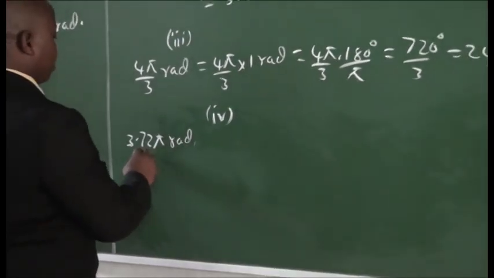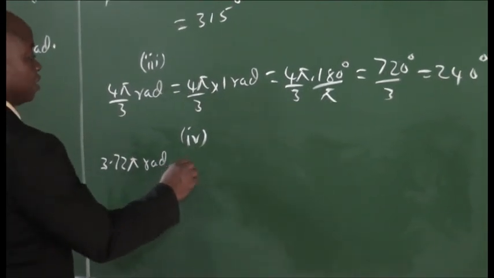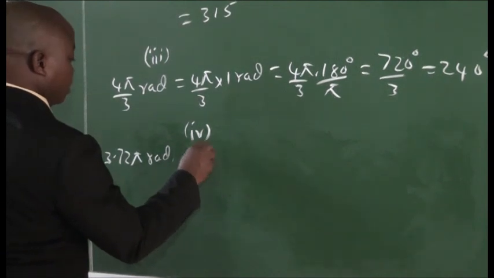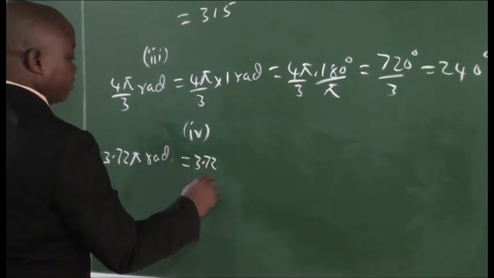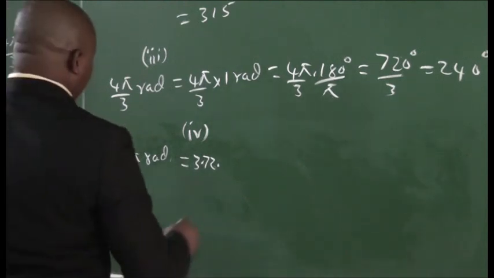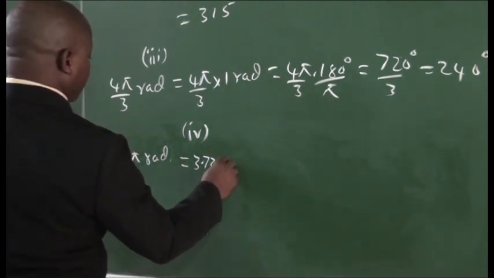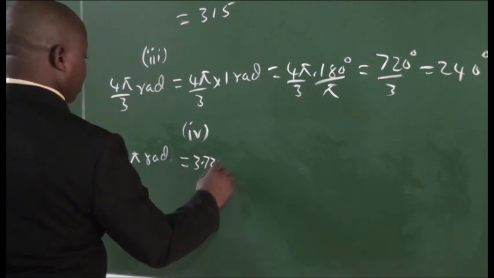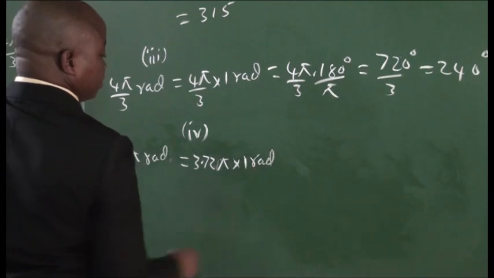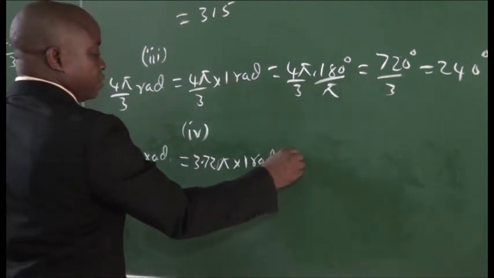Now, 3.72 pi radians is equivalent to 3.72 pi times 1 radian.